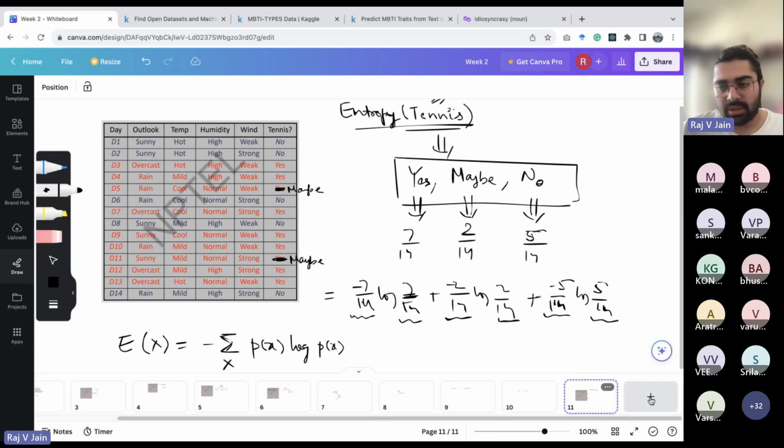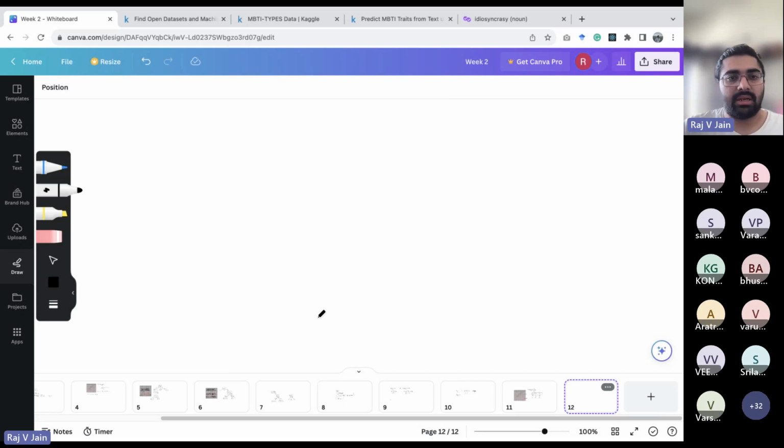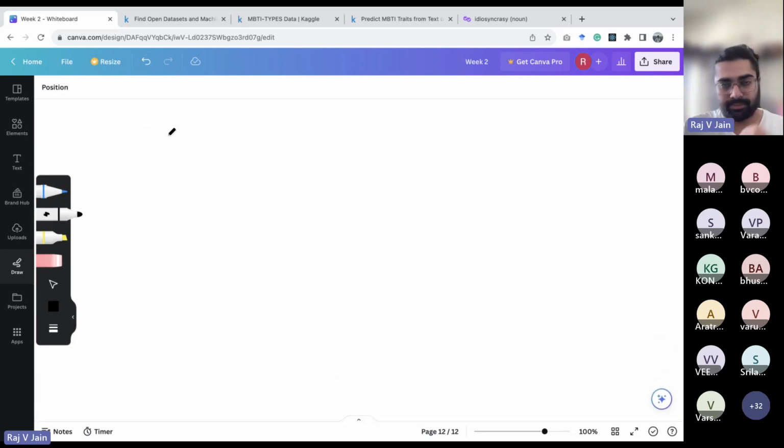So let's look at a continuous random variable, right? Let's say I have height prediction, for example. I again have the same sort of data set.